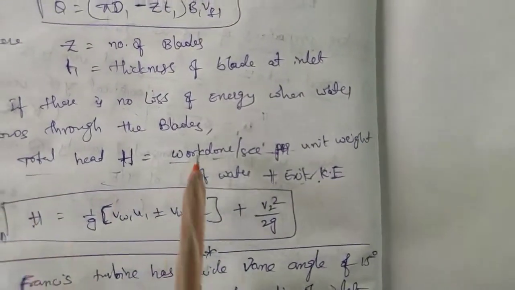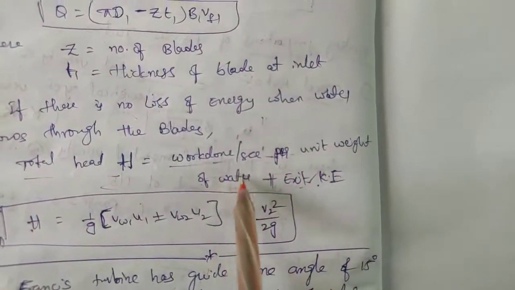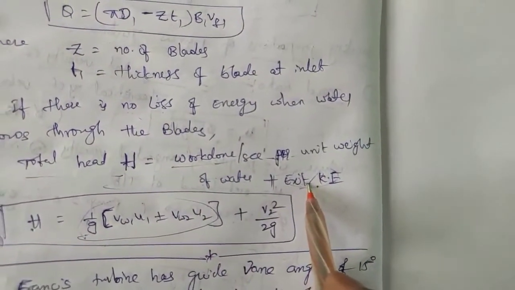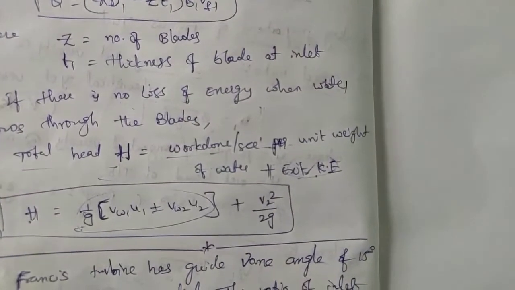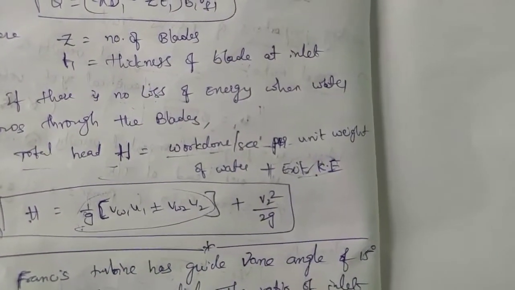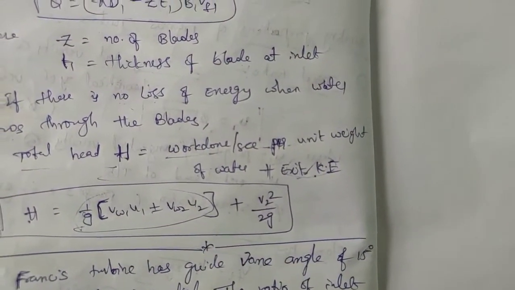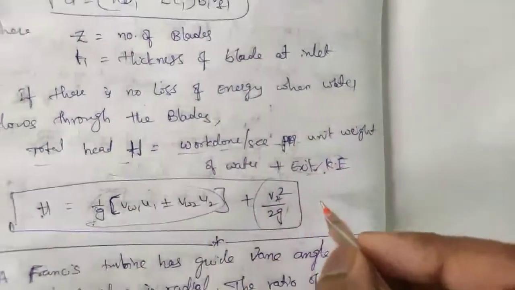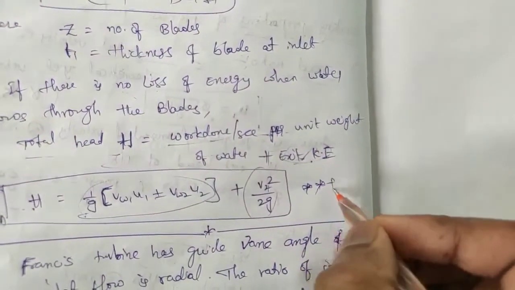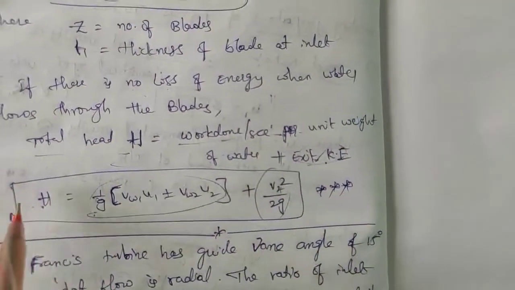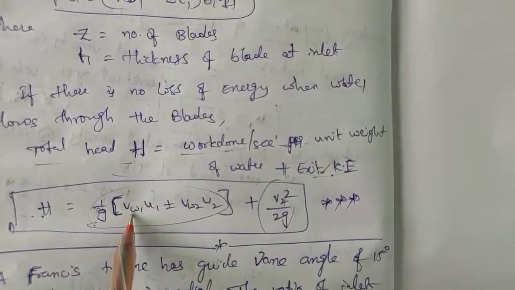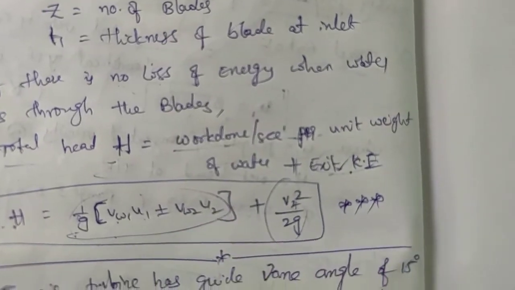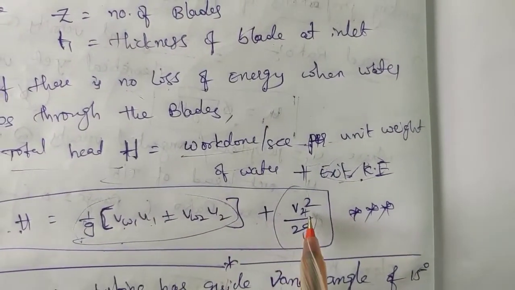So total head H equals work done per second per unit weight of water, 1 by G times the VW terms, and the kinetic energy at exit. Whatever kinetic energy the water has at the discharge position, that is V2 square by 2G. This is also a very important formula to solve problems. H equal to 1 by G (VW1 U1 plus or minus VW2 U2) plus V2 square by 2G.